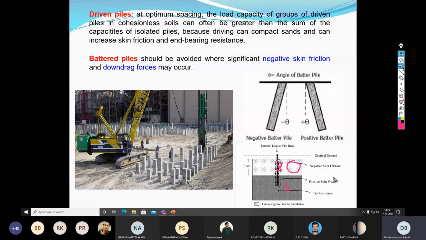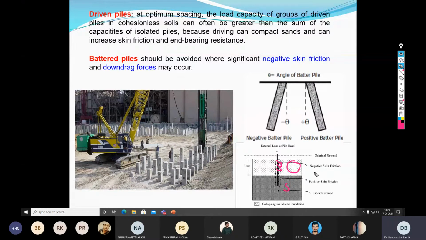That's why, wherever you assume that a clay layer is present, first of all you have to take negative skin friction inherently. But not everywhere, only wherever compressible clay layers exist. So don't take this as a general case of developing negative skin friction. If that is the case, whatever theories we have discussed, alpha, beta, lambda, are not valid.